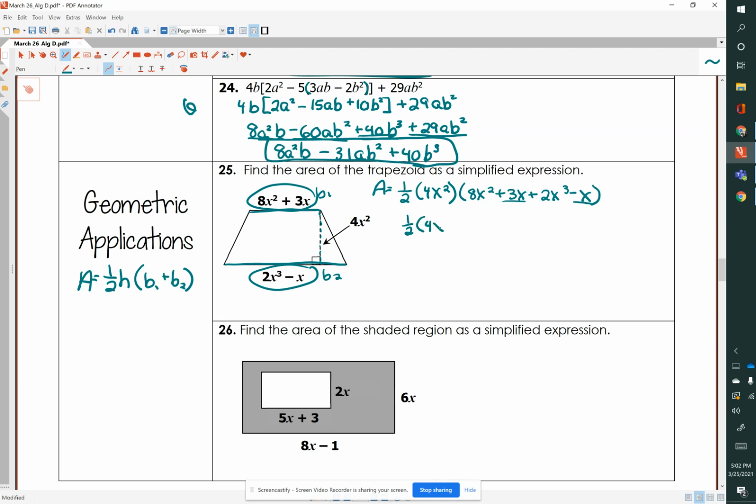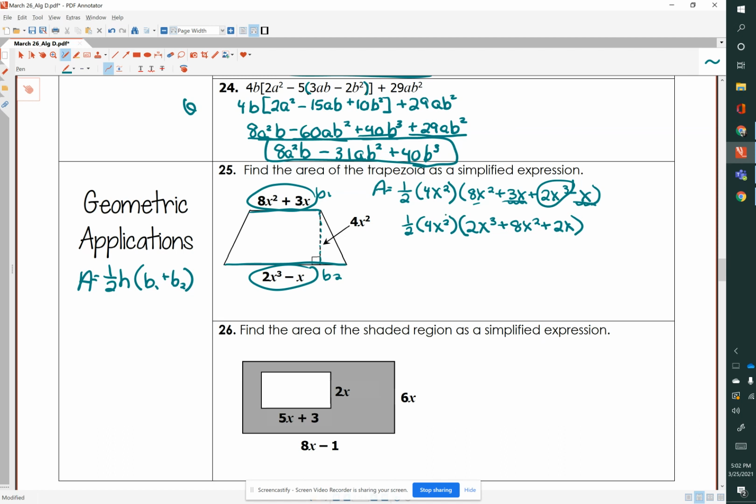So I've got 4x squared, and first I'm going to put my 2x to the third. Then I'm combining the 3x minus 1x, so that will be 2x. But before I do that, I want to write this 8x squared and then plus my 2x.